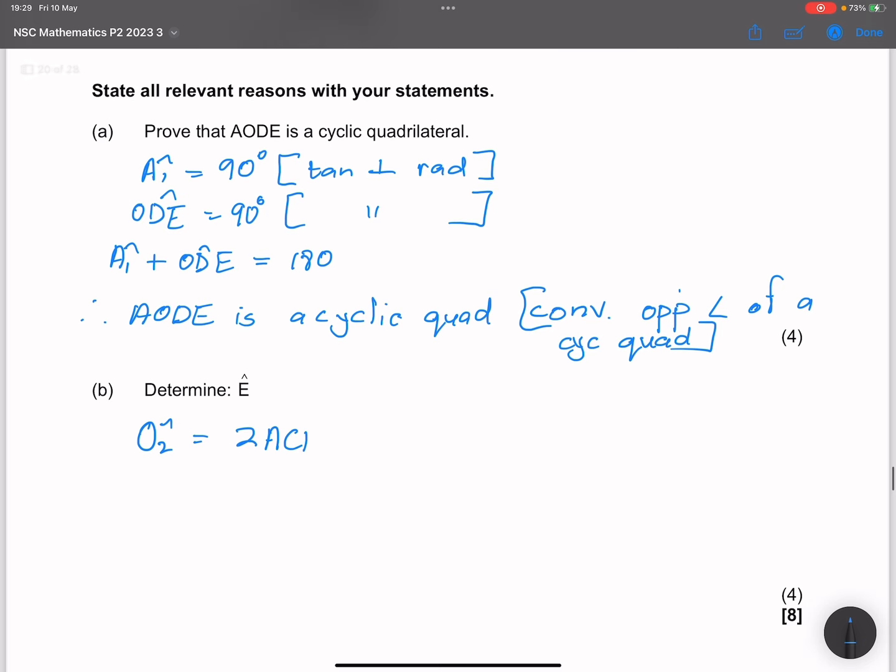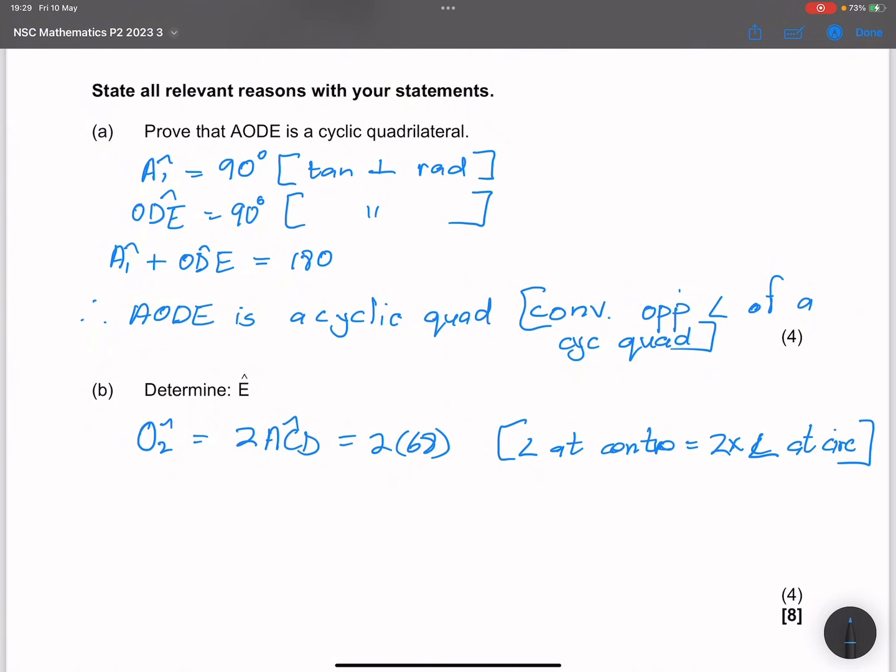ACD, and this is 2 times 68 degrees, right? And why is that? This is the angle at center, equal to 2 times the angle at circumference, right?